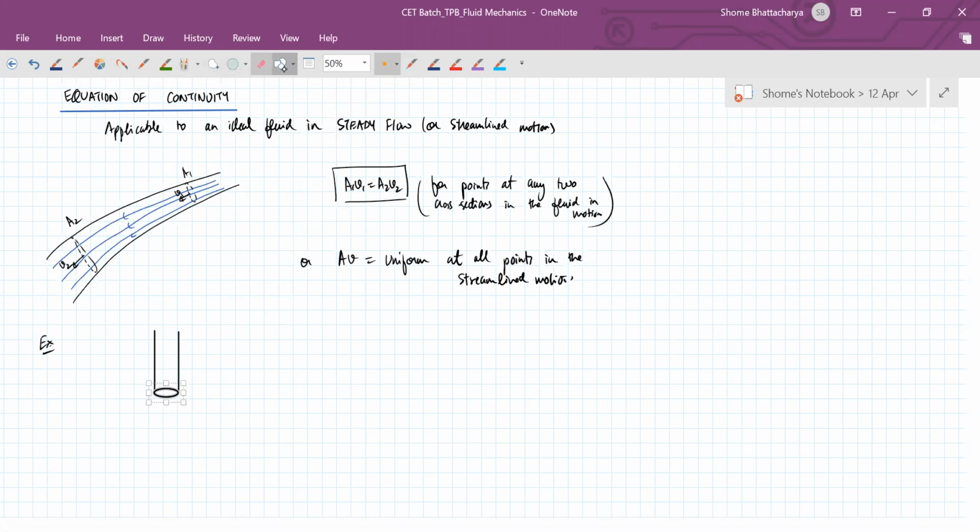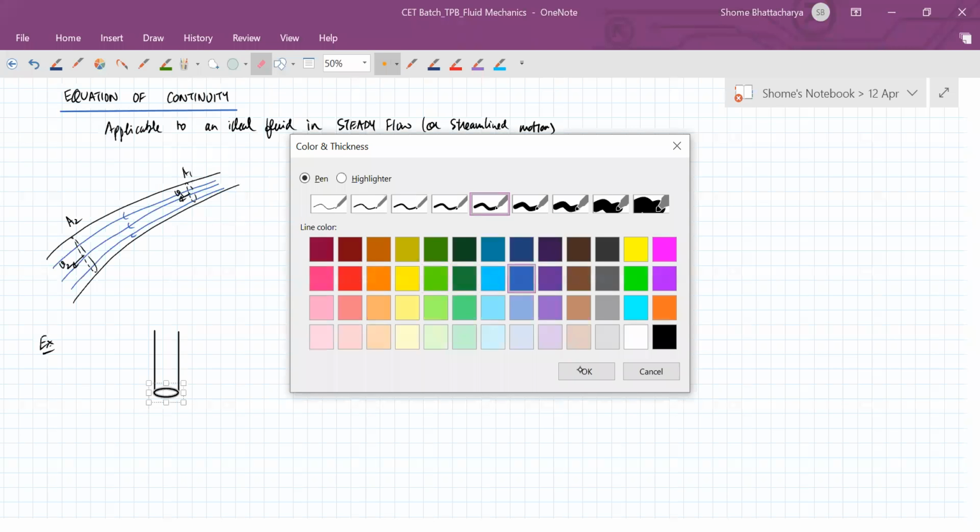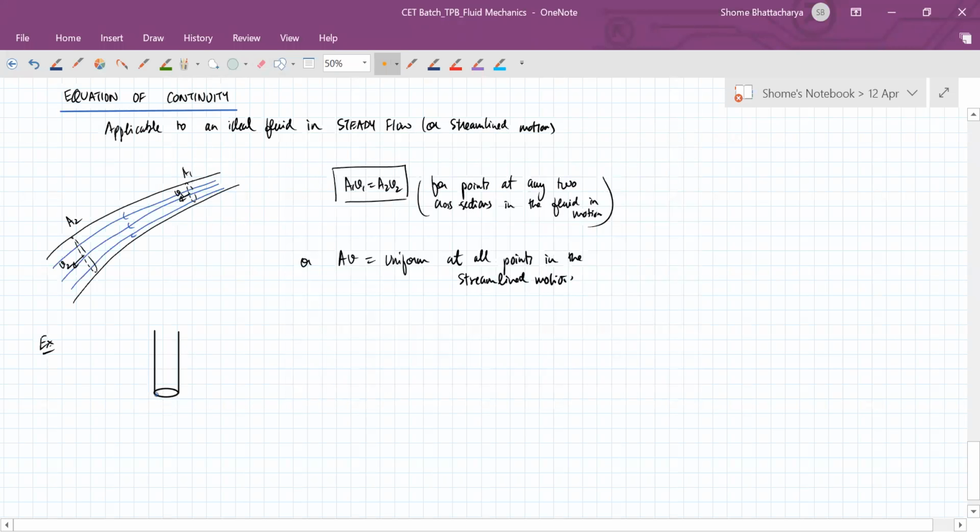So suppose this is water coming out of an open tap, but coming out gently in comparison, not flowing very rapidly.